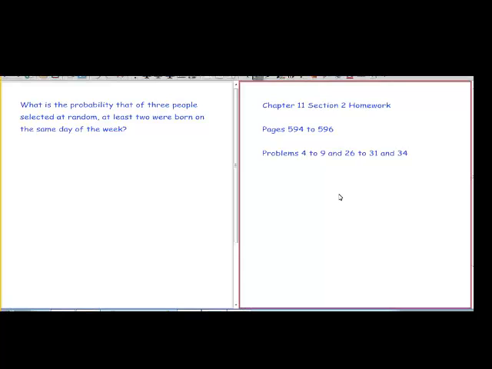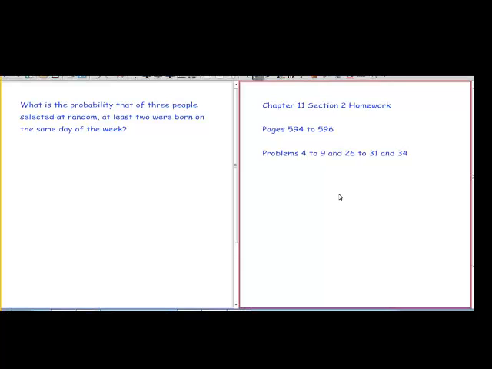You'll be able to bring a cheat sheet with anything you want to write on it, and you can use your calculator, but you need to make sure that you know how to do the factorial calculations. You'll see it in the review if you watch it, but if I had something like this, that's probably 5 things taken 3 at a time.